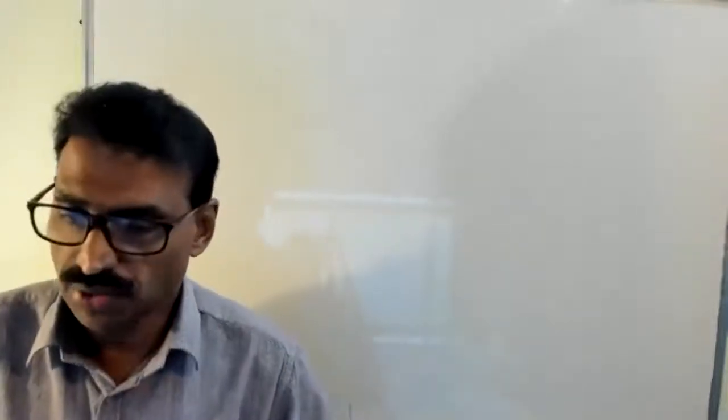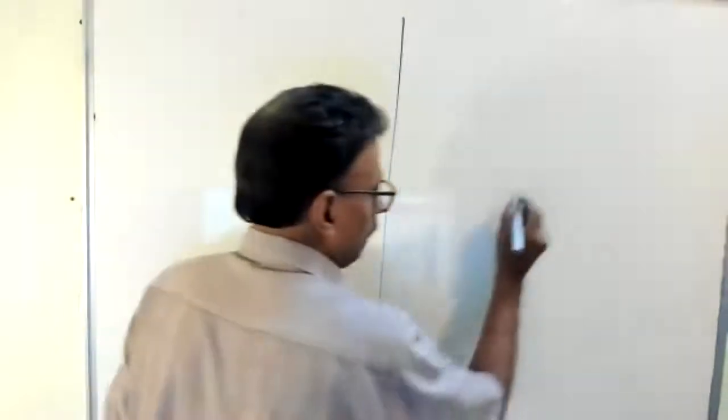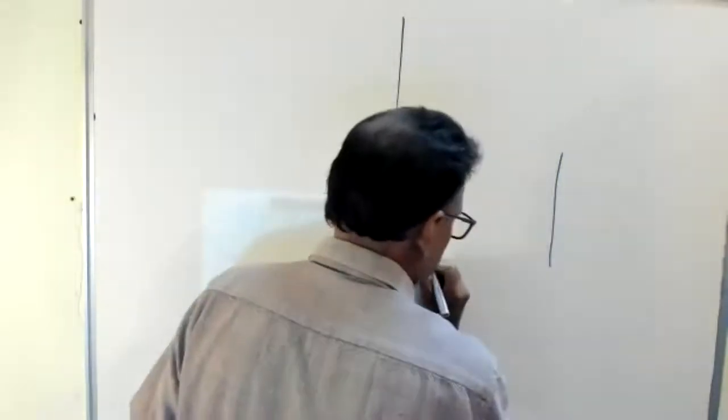So now look at here. It's a star question. The angle of elevation of a jet plane from a point A on the ground is 60 degrees. We'll make board 2. Here, this is the ground.